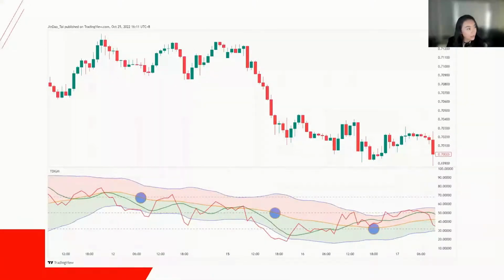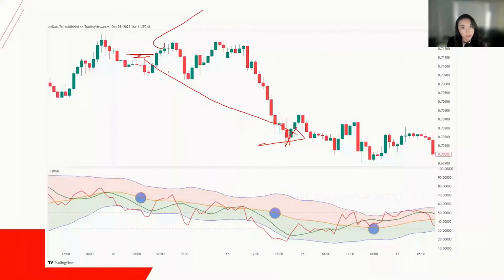This sell means you're entering a sell here and you are looking for take profit in the longer term. Sorry, let me use my pen. So maybe you sell here and you are looking for take profit in the future.